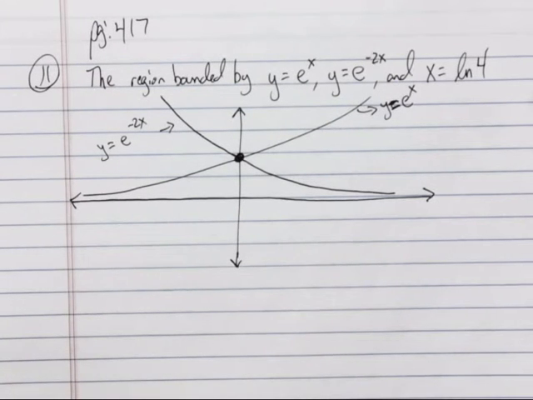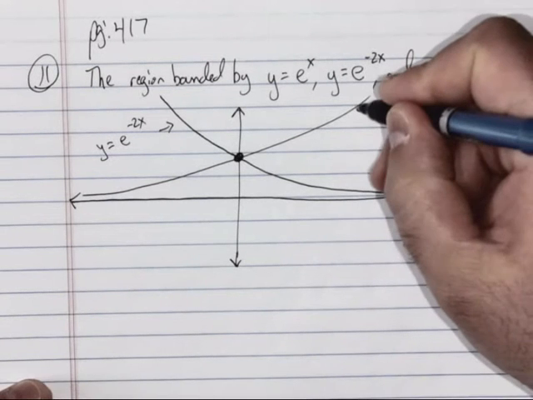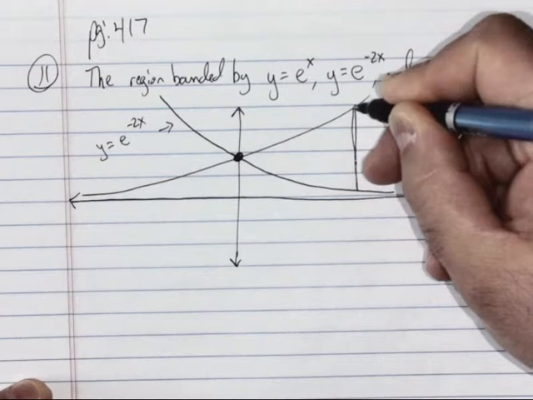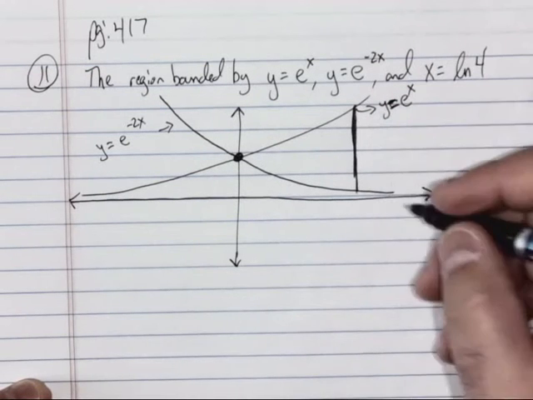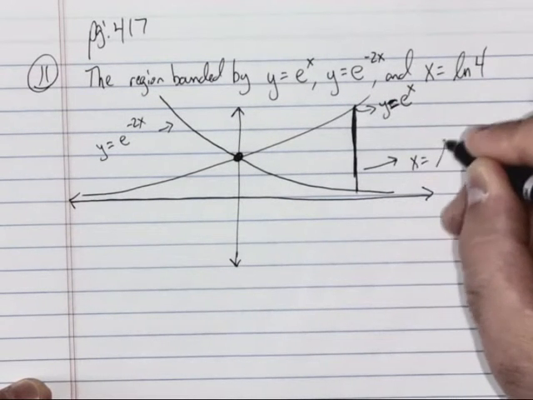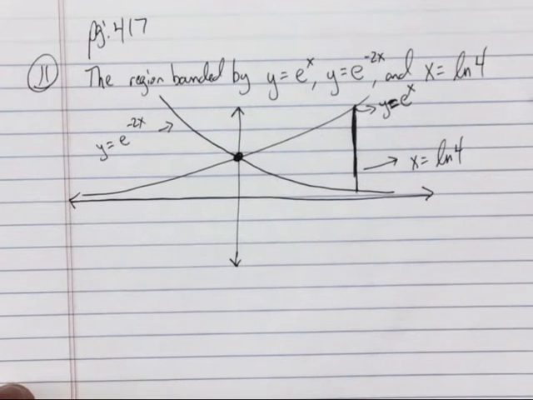So you can calculate that, 1.386294361. So we know it's going to lie to the right of 0, and it's going to be somewhere over here as a vertical line. So this is x equals ln of 4. Okay.